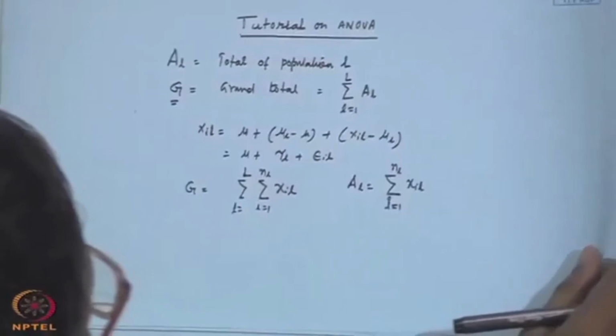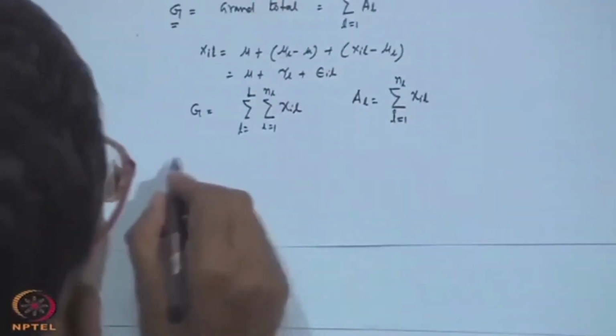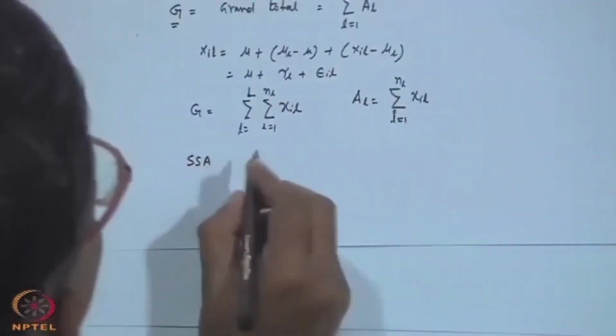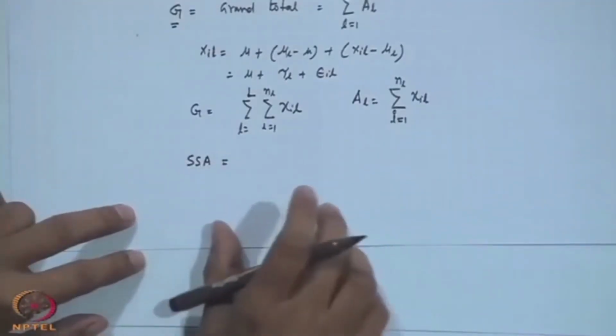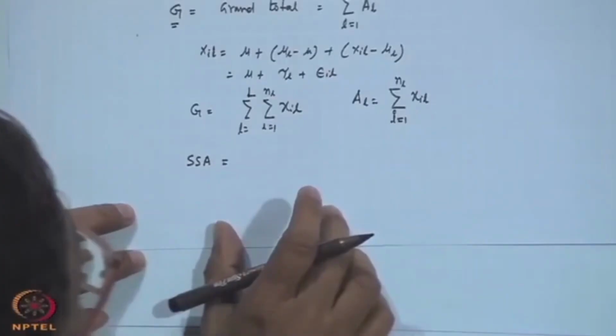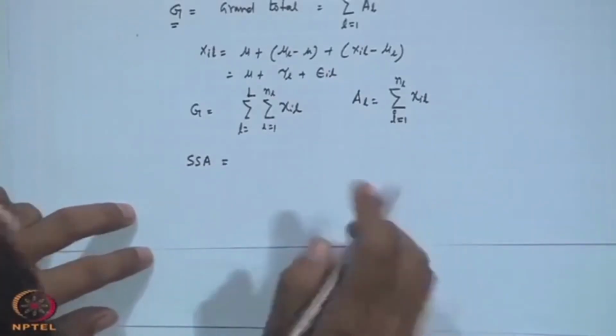And then we have seen the computation of the sum of squares total. Here we will use a slightly different notation for ease of computation.